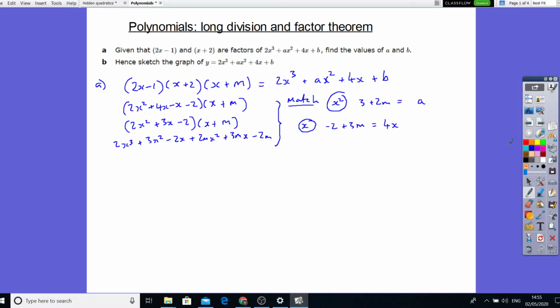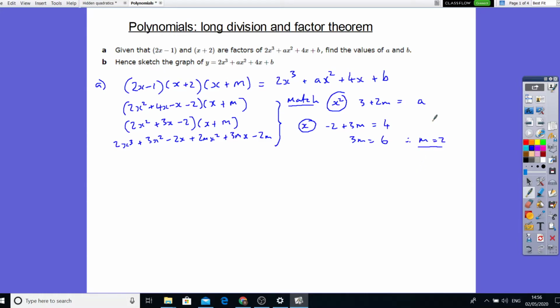Oh sorry, I shouldn't have the x there, I just need the coefficients. So I've got the minus 2 and plus 3m, that's all my x's on this side. On the right hand side I've got 4. Now we're getting somewhere. So minus 2 goes to the other side and becomes a plus. So I get 3m equals 6, which means m is equal to 2.